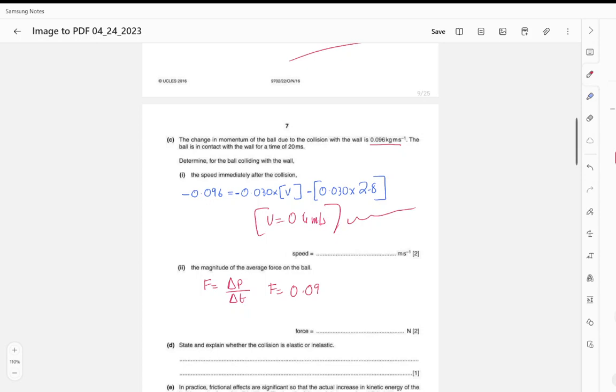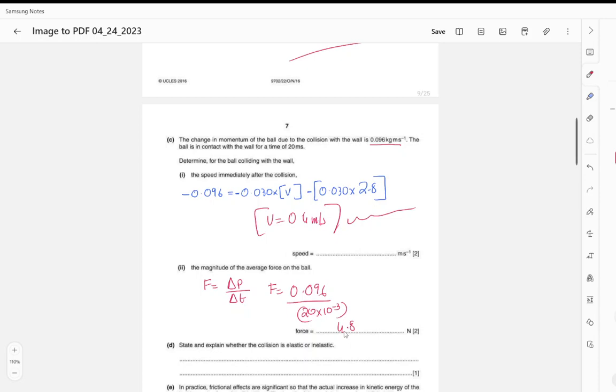So 0.096 divided by 20 milliseconds, which is 20 into 10 raised to power minus 3, so 0.096 divided by brackets 20 into 10 raised to power minus 3, bracket closed. And this gives me a value of force of 4.8 Newton.